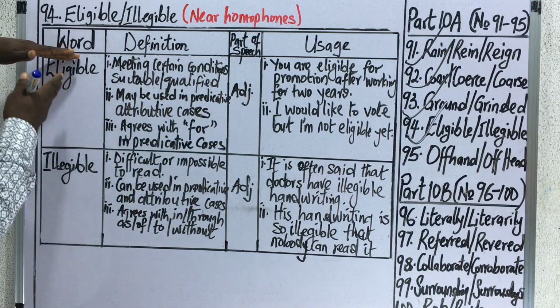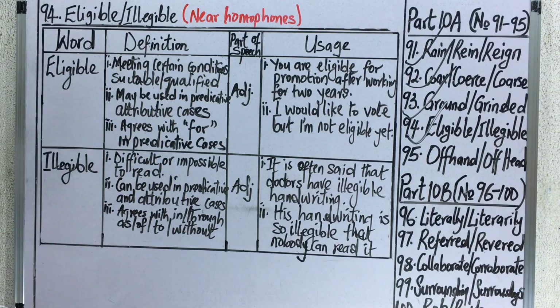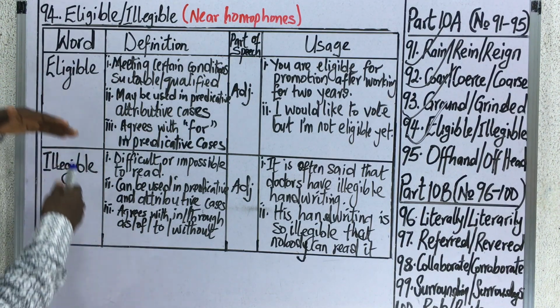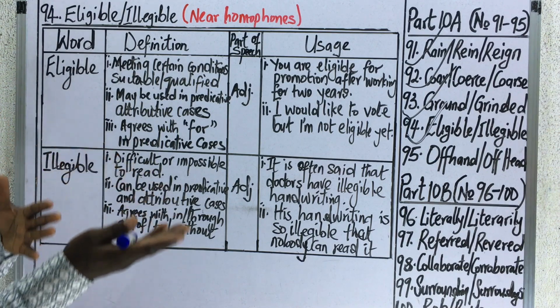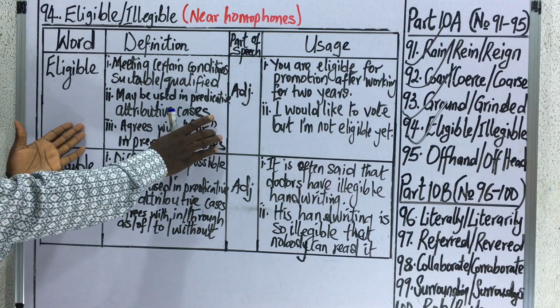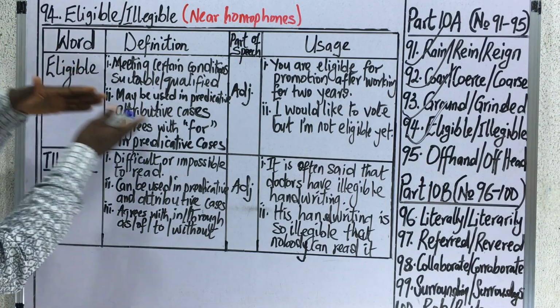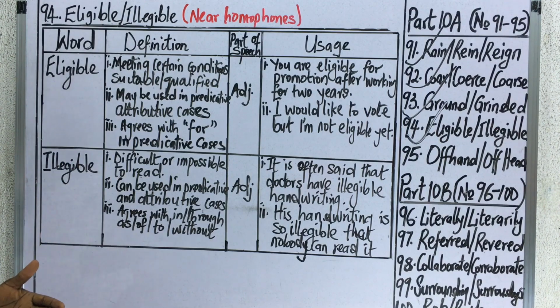Eligible can be used as a predicative adjective, and it can be used as an attributive adjective as well. When you are using it as a predicative adjective, remember that it will agree with the preposition for. So it's going to collocate with for when used in predicative sense.